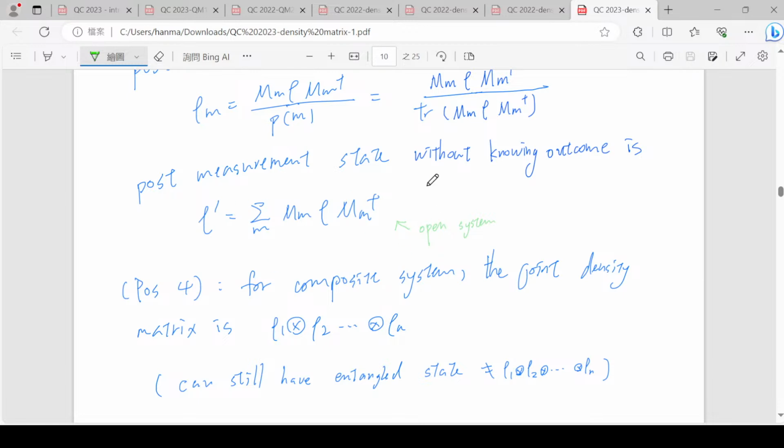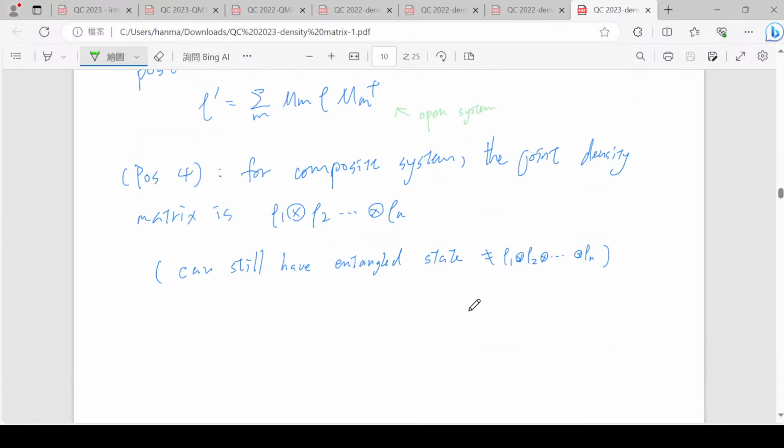Once again, we have the hidden postulate 4, where we say that for a composite system, if every system has a density matrix rho 1, rho 2, up to rho n, then the joint density matrix is rho 1 tensor rho 2 all the way to tensor rho n. We have talked about tensors of matrices, so it's a really large matrix.